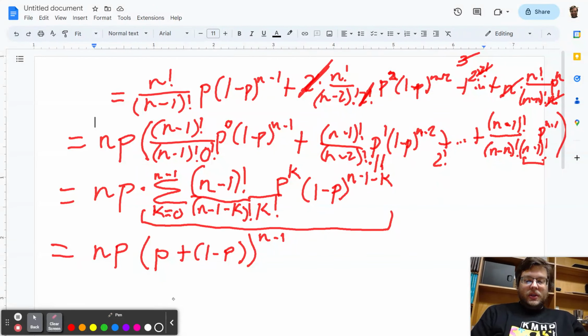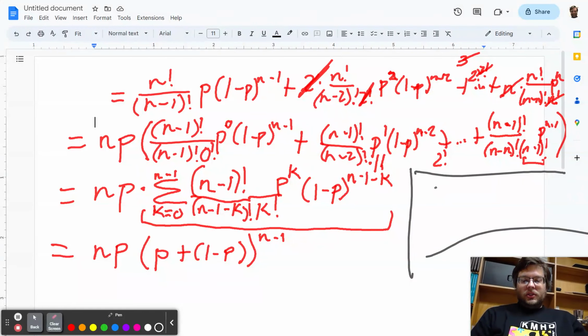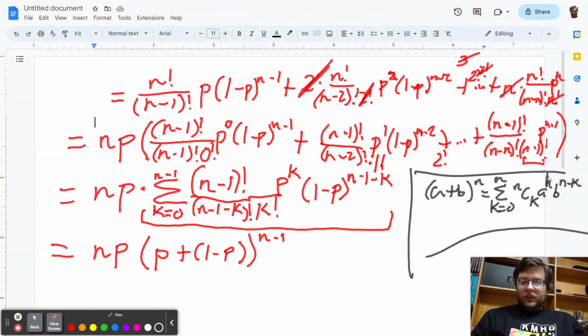Now, if you don't see that trick, I'm going to remind you, if you start doing (a plus b) to the n, you're going to start getting the sum. This is just the binomial theorem, from k equals 0 to n of n choose k, a to the k, b to the n minus k.